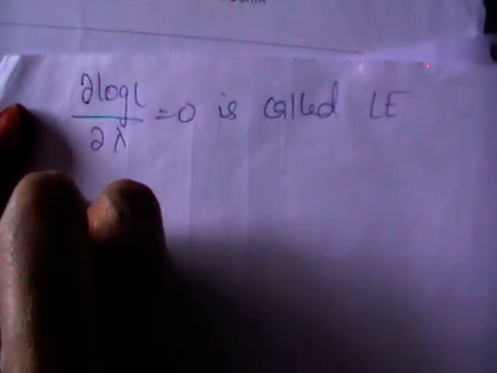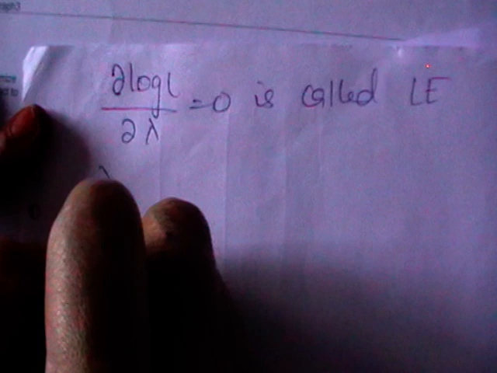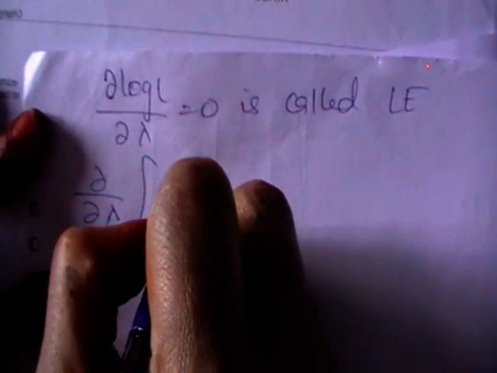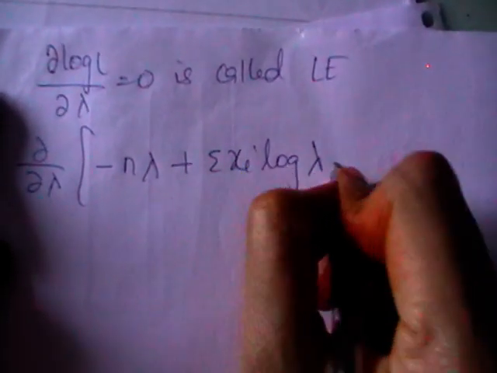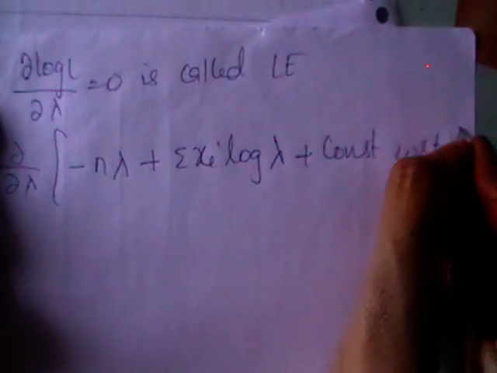How do you maximize? This is called the likelihood equation. So dou log L by dou lambda means dou by dou lambda of minus n lambda plus sigma xi log lambda plus a constant with respect to lambda.